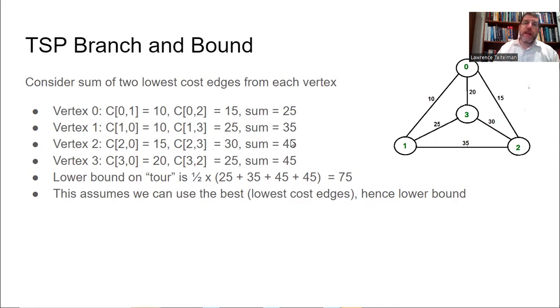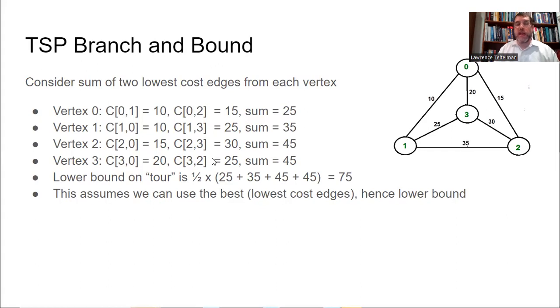How many edges does this sum reflect? 4 is how many it should reflect, but how many does it reflect? 8, right? 2 edges here, 2 edges here, 2 edges here, and 2 edges here.